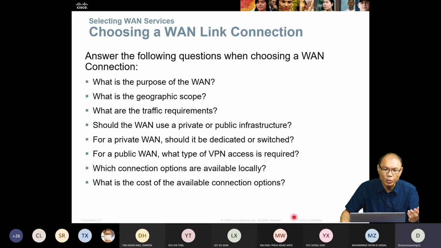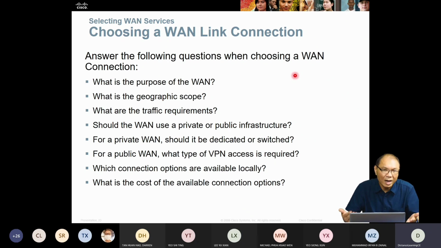So there are many similar questions when you are trying to choose a technology or a connection. Same thing, if you want to buy a house, you have to ask yourself, are you going to have many children? Is your family a big family? Then you need to buy many rooms. Or are you going to have a small family? Then maybe you just need a small house.